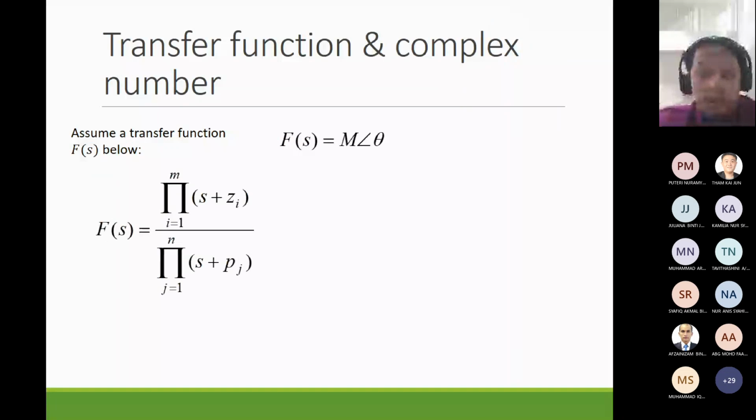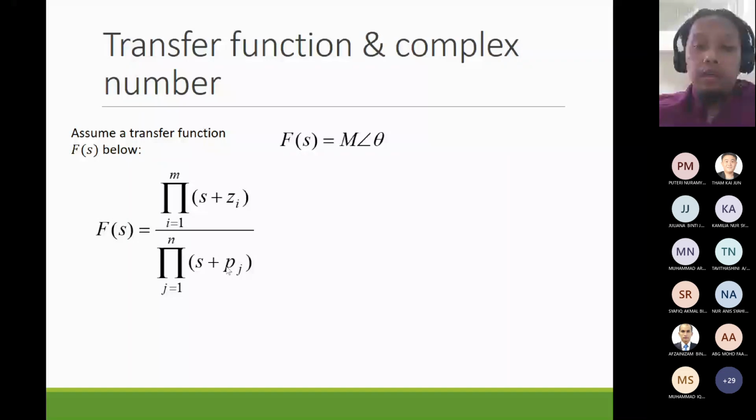Let's say we have a transfer function F. F(s) equals the product, this big pi symbol meaning the product, of (s plus zeros) divided by the product of (s plus poles), similar to what we learned last week.